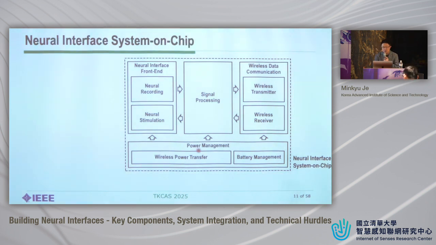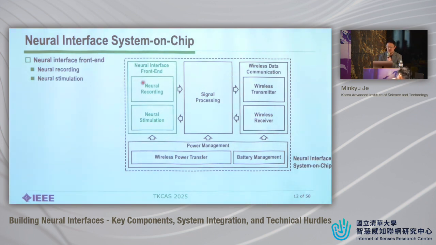All right, now I will explain the inside of this neural interface system on chip. We can find this neural interface front end first. This front end can have neural recording circuits as well as neural stimulation circuits.